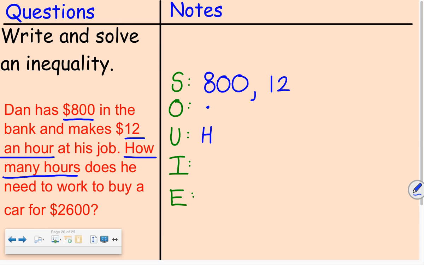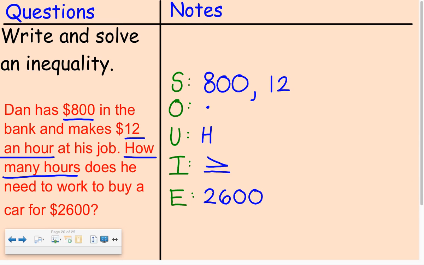He needs $2,600 in the end in order to be able to buy his car. So I have to ask myself, do I need exactly $2,600, more, or less in order to be able to buy the car? Well, he has to have at least $2,600, which would be greater than or equal to. He cannot have less than that because otherwise he doesn't have enough money for the car.